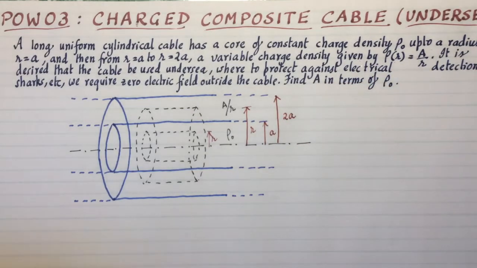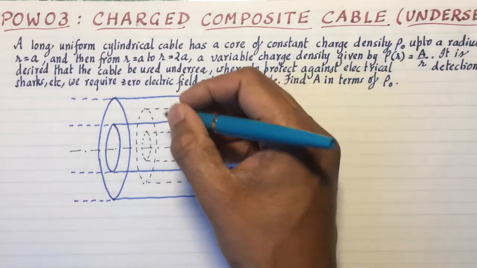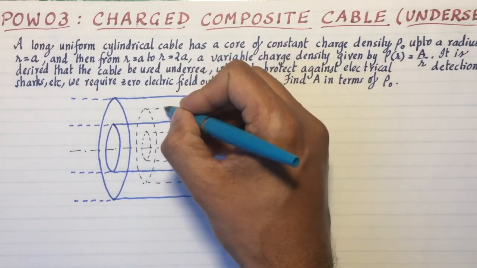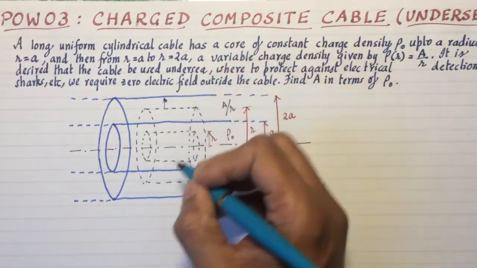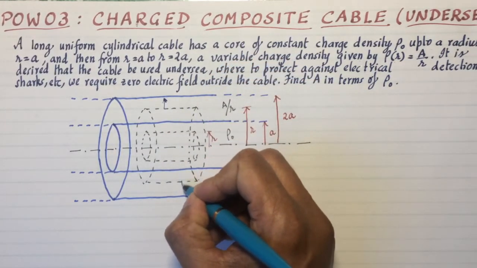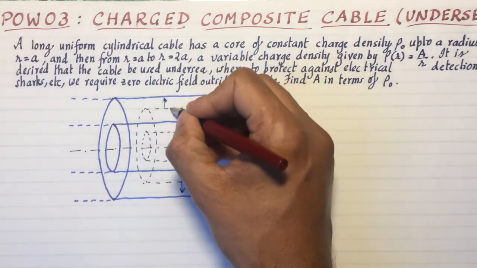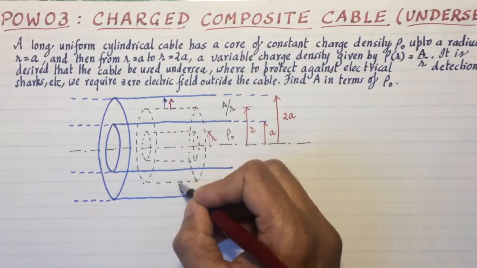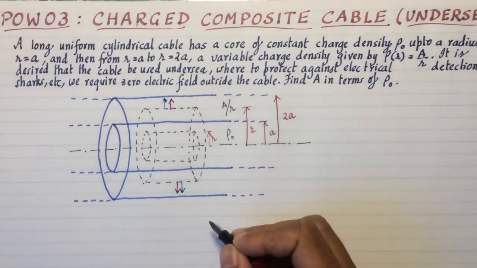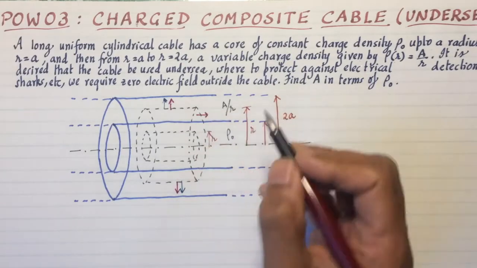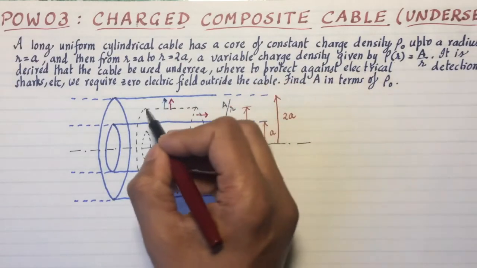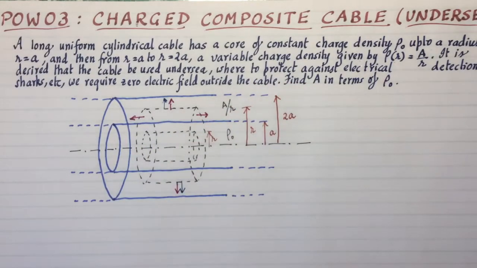Now on the Gaussian surface itself, by symmetry, the electric field is going to be pointing always radially outward, but the area elements will be pointing in different directions. On the curved surface, the area elements will be pointing this way. On the right surface of the cylinder, they'll be pointing like that. On the left surface, they'll be pointing like this.